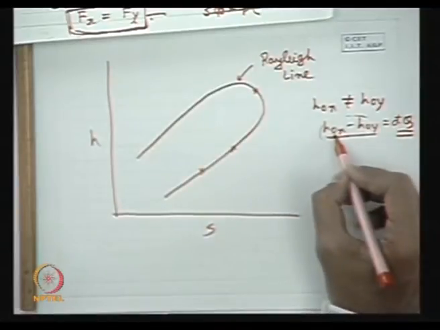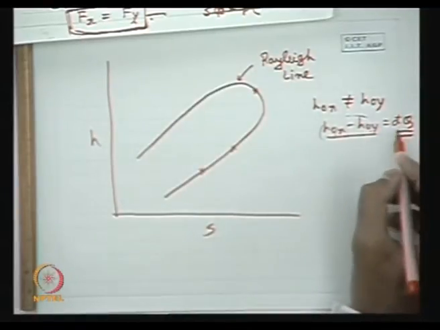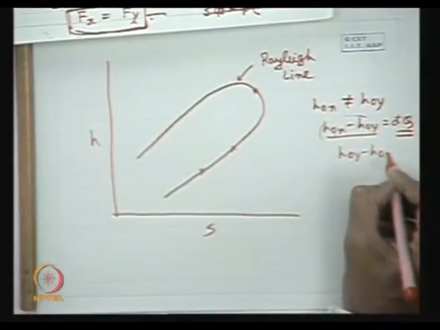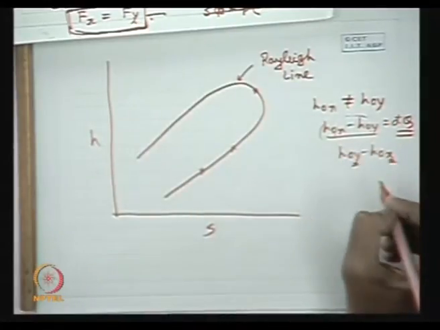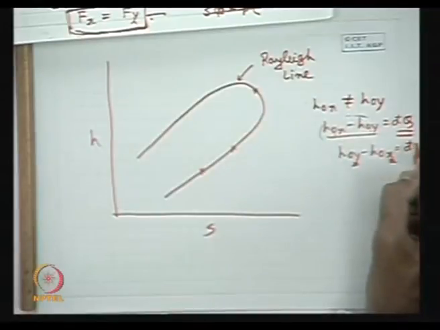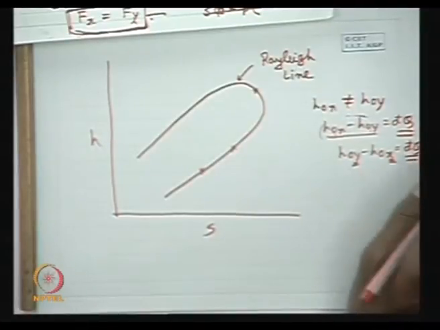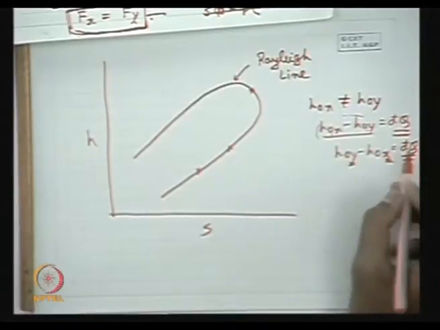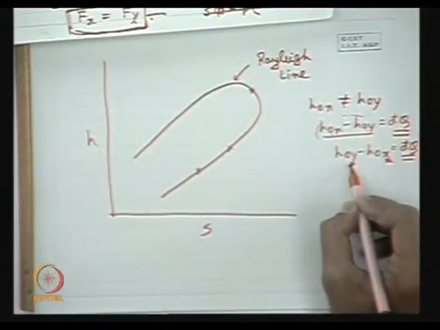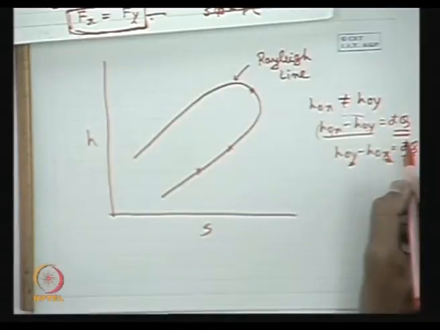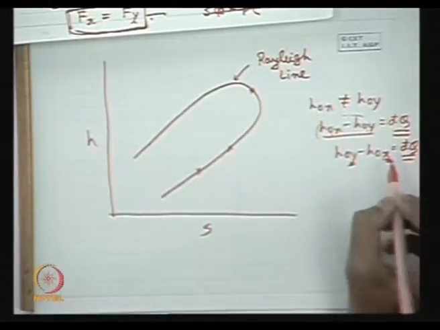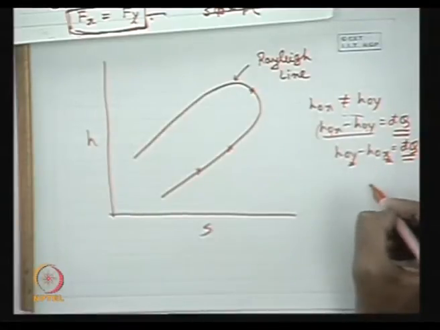Writing h0y minus h0x, with x upstream and y downstream, let the quantity be denoted as dq. If this is positive, there is an increase in stagnation enthalpy, which represents heat added to the flow. If this is negative, heat is taken away from the flow.